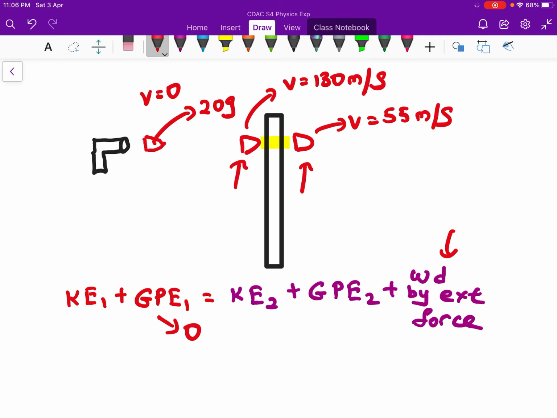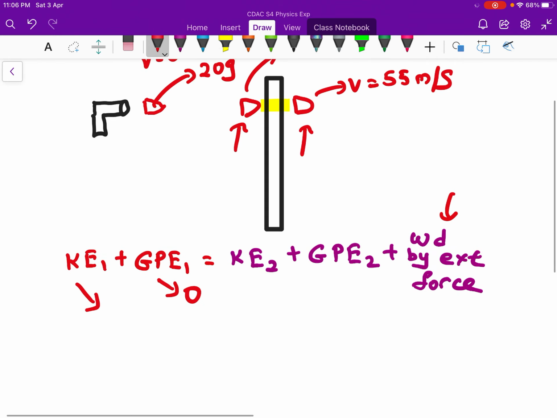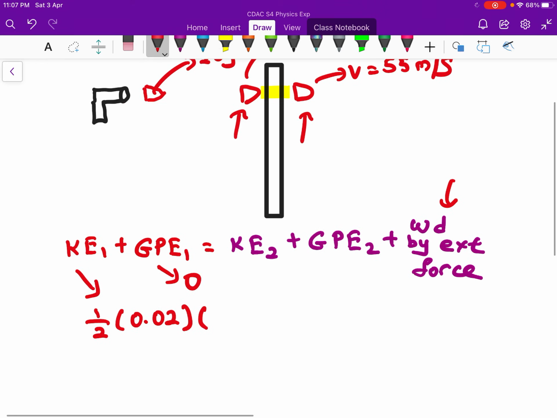KE1 is just half mv square, so half times 20 gram, which in kg is 0.02 kg, times 130 square. This is the kinetic energy just before I hit the plastic wall.